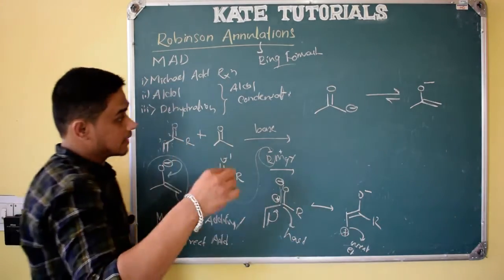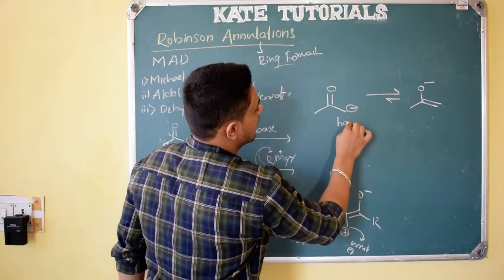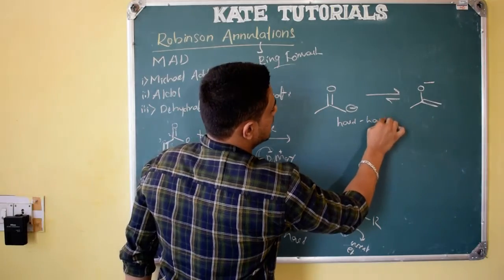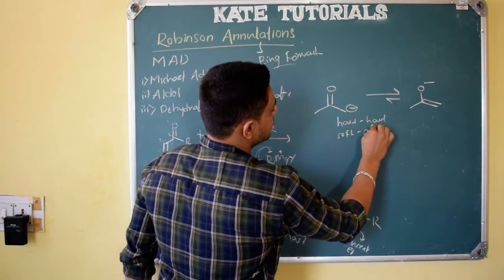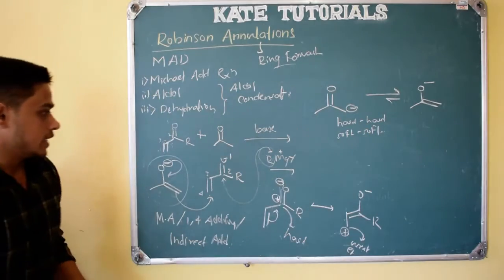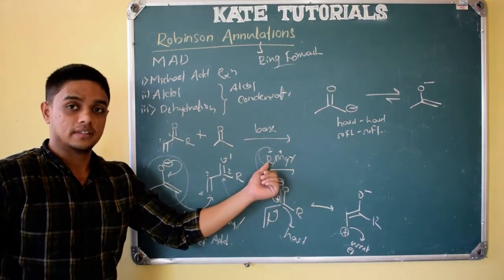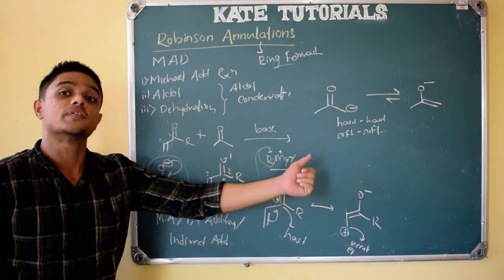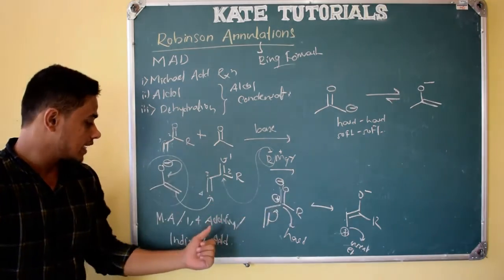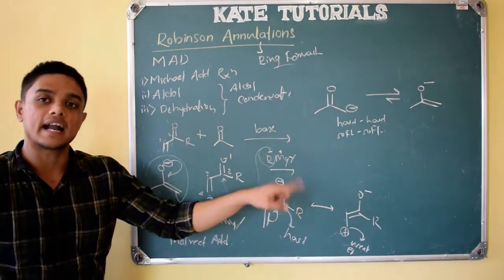And we know that in inorganic chemistry we have learned hard-hard gives a stable product, similarly soft-soft, right? So if this hard nucleophile attacks the hard site, then the product formed is very stable, right? So that is called 1,2 addition or direct addition.